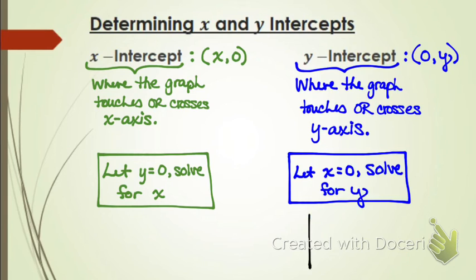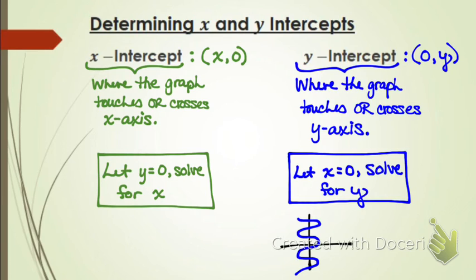I could graph something that is not a function that crosses the y-axis many times. You could have a step expression that goes over the y-axis in more than one location, but in that case it would not be a function.